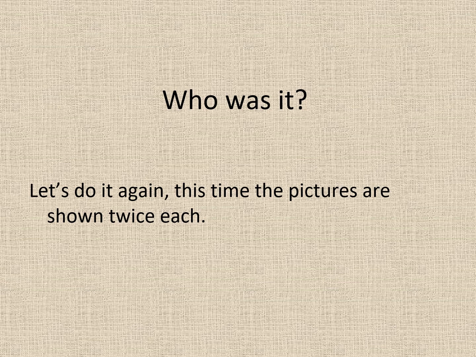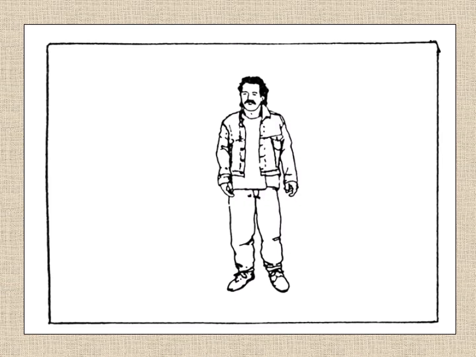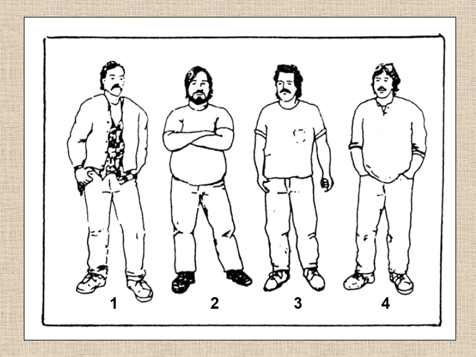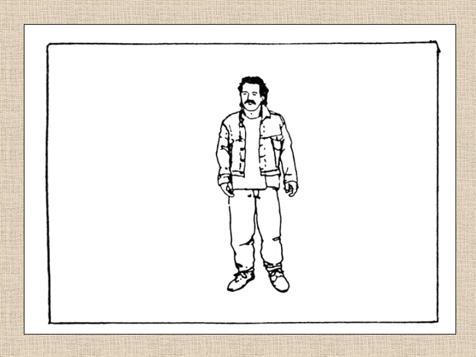So this is the easy condition. You ready? Number 1, right? That's him. That's the one, I'm sure. I would recognize that mustache anywhere. No, it's number 3. He only takes his jacket off, his drawn jacket off. So that was the easy condition.